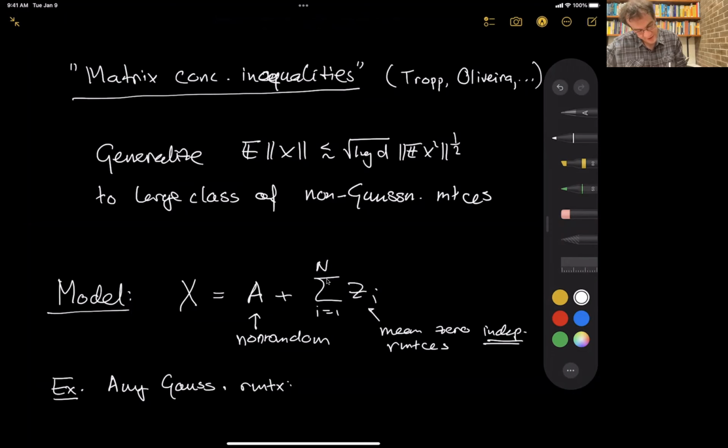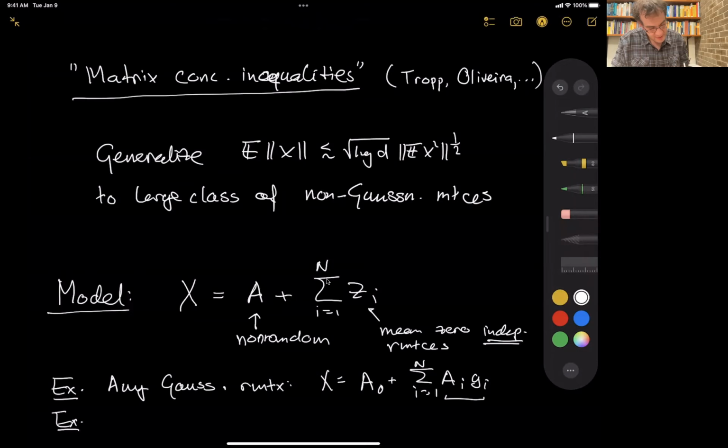So I can write it as a sum over i from 1 to n of some deterministic matrices A_i times g_i, where the g_i are IID standard Gaussian variables. So jointly Gaussian matrices are a special case where the Z_i's are just a deterministic matrix times a scalar Gaussian variable.